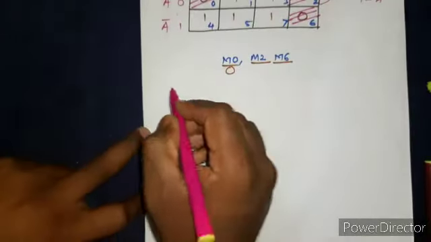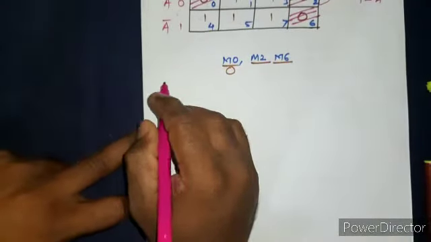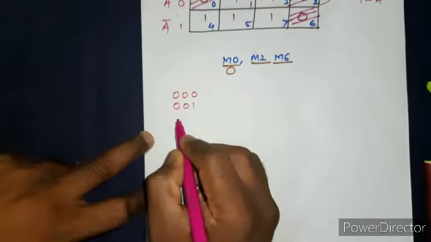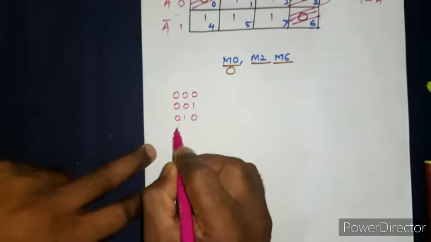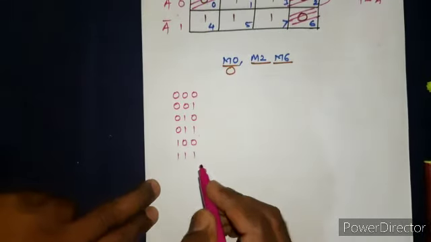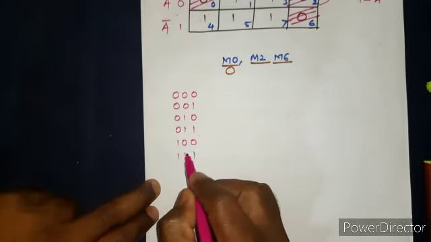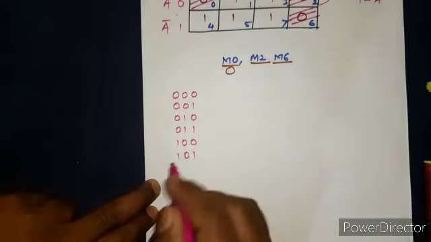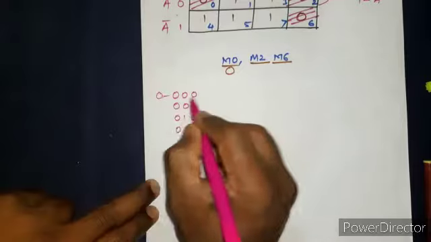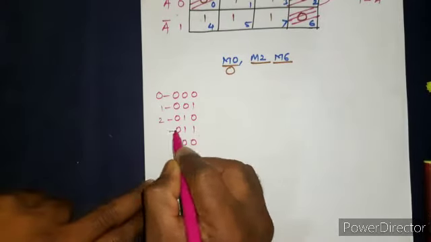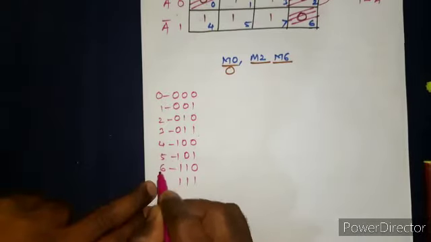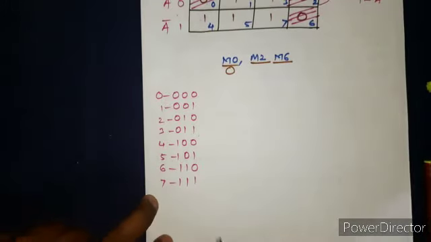Let's consider this truth table: 0 0 0, 0 0 1, 0 1 0, 0 1 1, 1 0 0, 1 0 1, 1 1 0, 1 1 1. So this is 0 1 2 3 4 5 6 and 7.